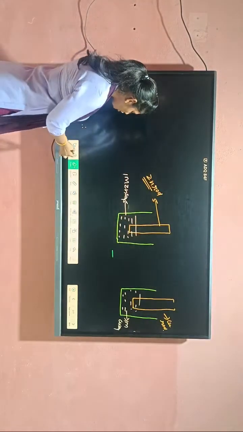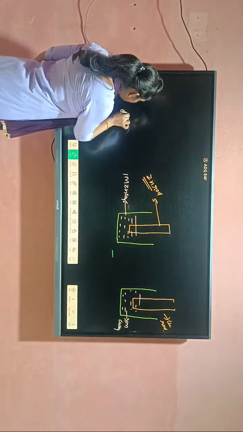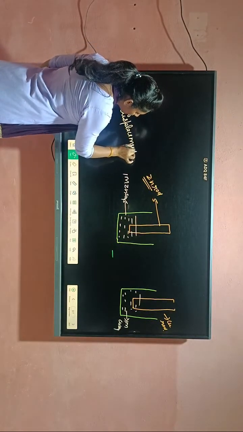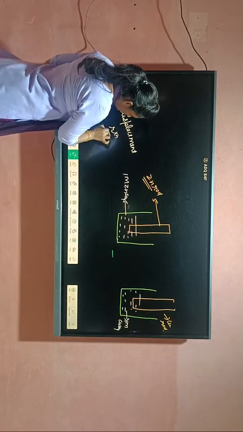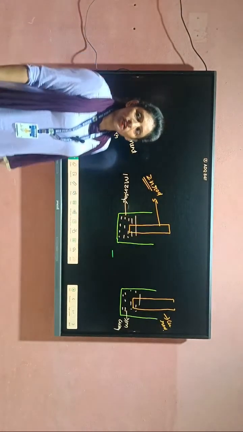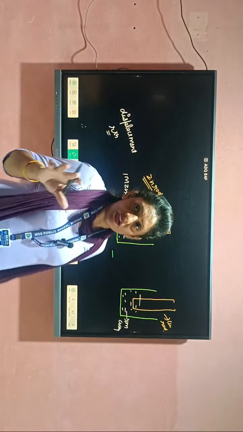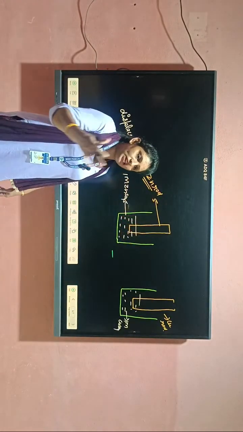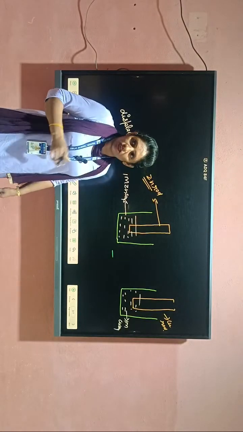Why? Because you know very well about the displacement reaction. What is the displacement reaction? A displacement reaction is one in which a more reactive element replaces a less reactive element.